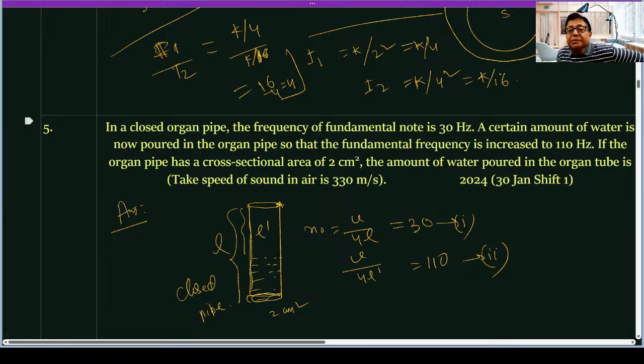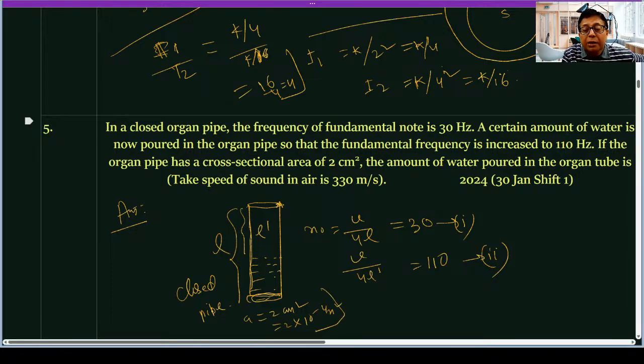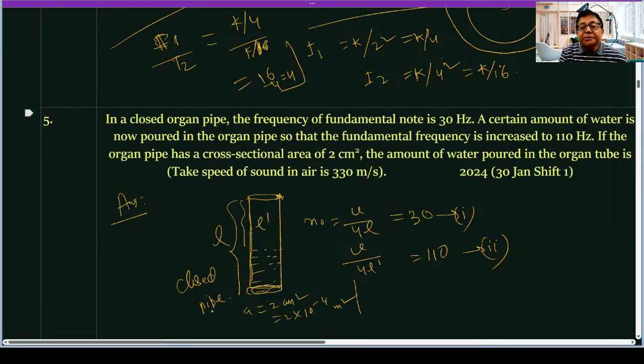Now you have to find how much water was poured if area of cross section is 2 into 10 to the power minus 4 meters square. This is area of cross section. Now, if you can find L and L dash and then multiply the difference by area of cross section, you can easily get how much volume of water has to be poured, isn't it?